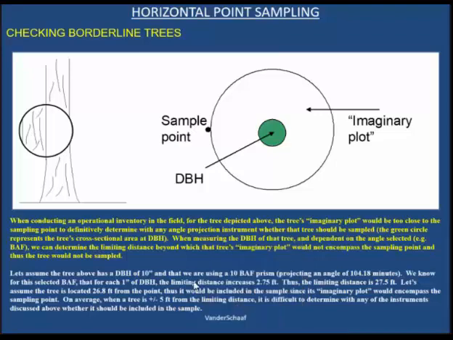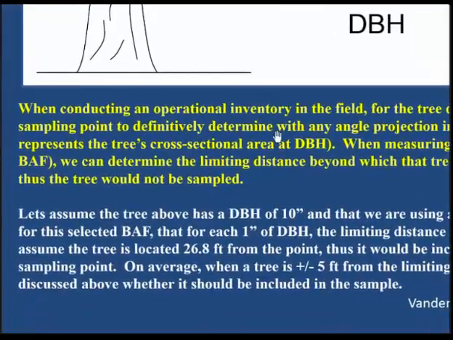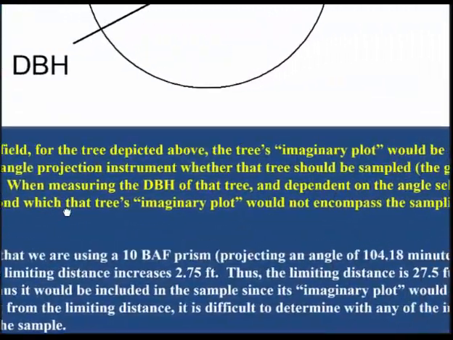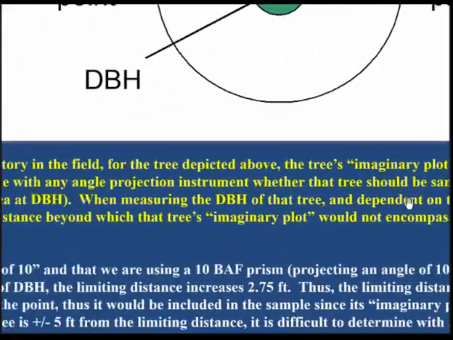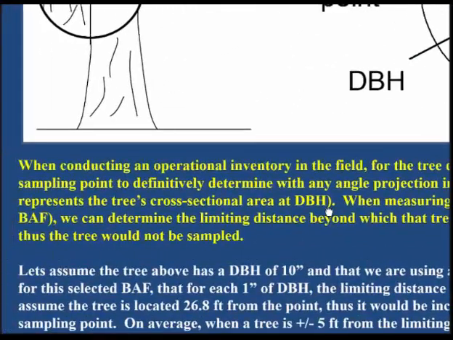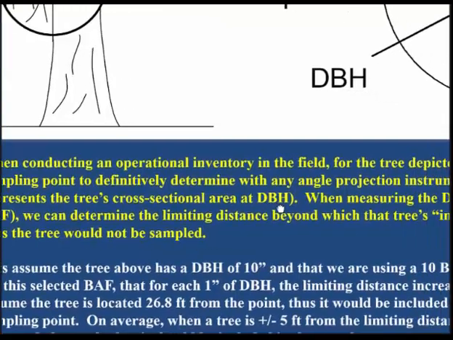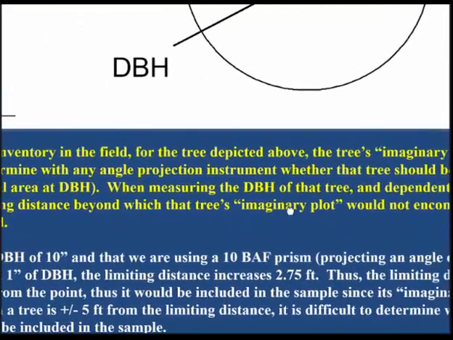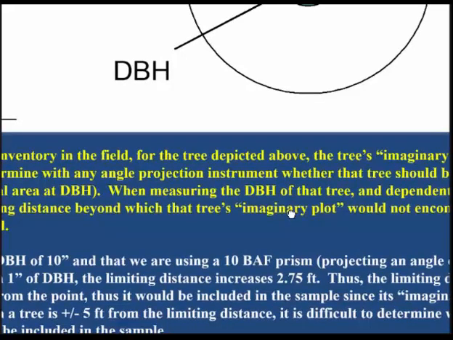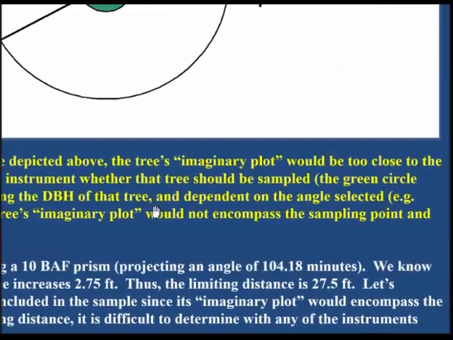So we can read that here, everyone. When conducting an operational inventory in the field for the tree depicted above, the tree's imaginary plot would be too close to the sampling point to definitively determine with any angle projection, the relascope, the prism, the Jim-Gem, the Cruz-All, an angle gauge, whether that tree should be sampled.